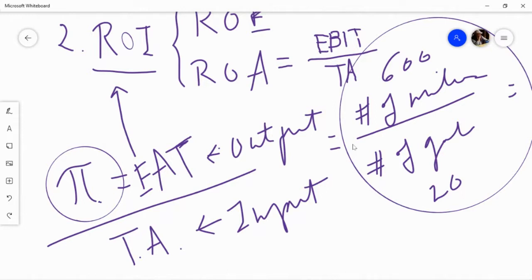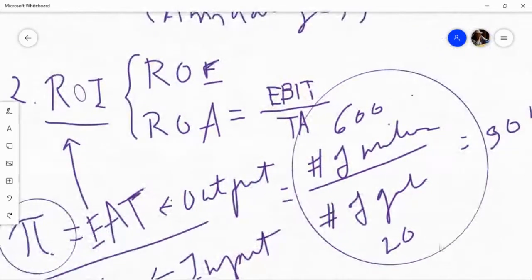From the debt holders' perspective, what's more relevant to them is the operating profit, or EBIT, because EBIT includes interest, which is basically the payment to the debt holders.